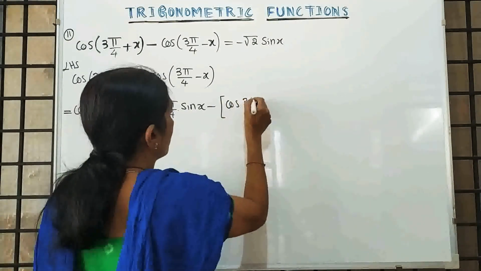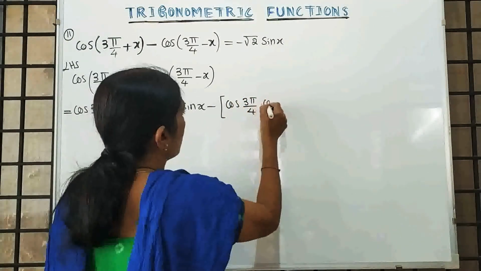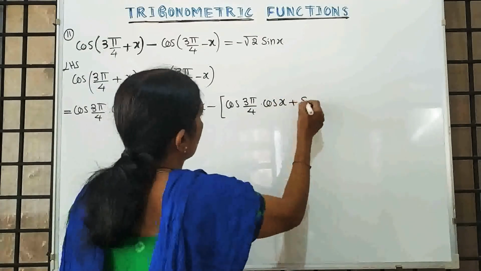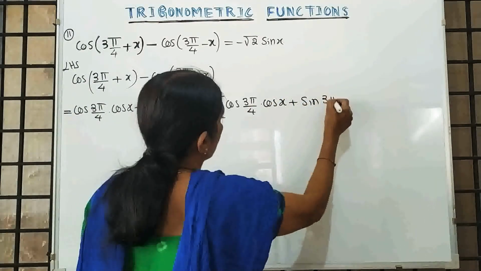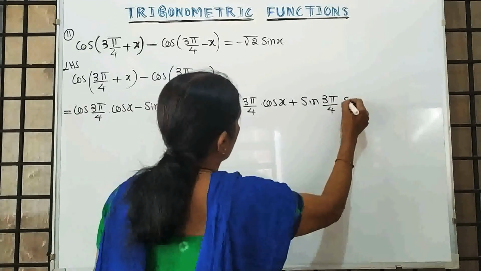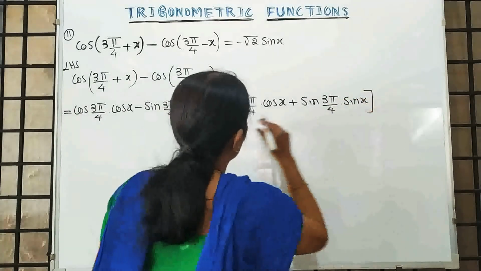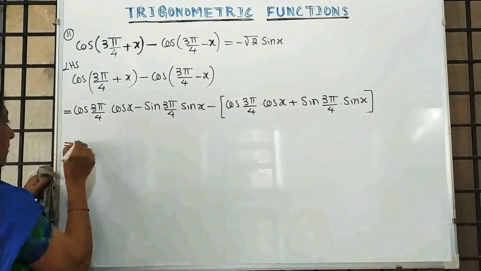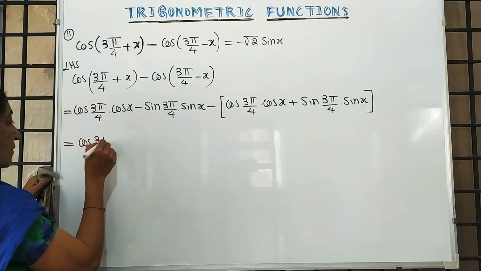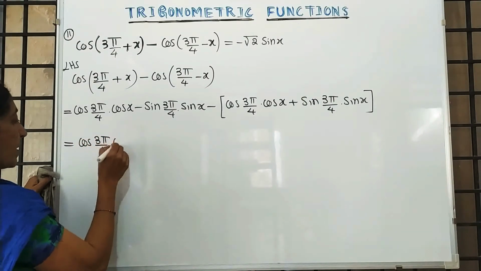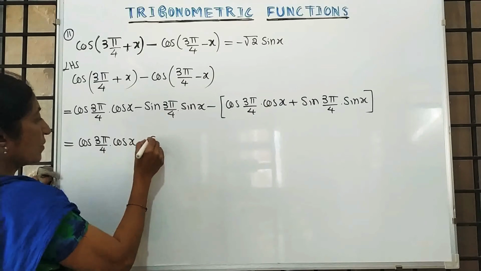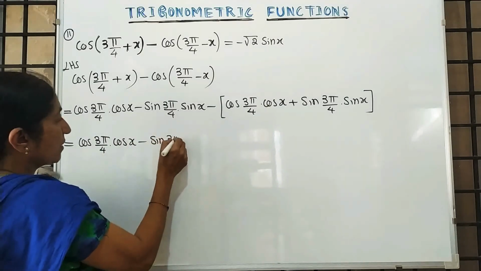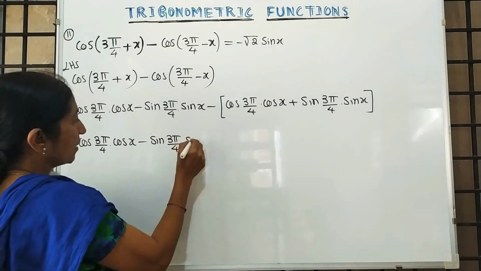Cos 3 pi by 4 into cos x plus sin 3 pi by 4 into sin x. Take minus inside the bracket. Cos 3 pi by 4 into cos x minus sin 3 pi by 4 into sin x.